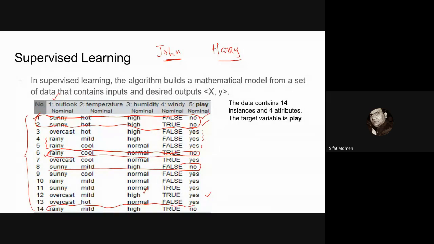Over the next few classes, you will see how we design certain learning algorithms which will help you construct these sorts of very interesting rules. We are going to very soon learn about something called decision tree.